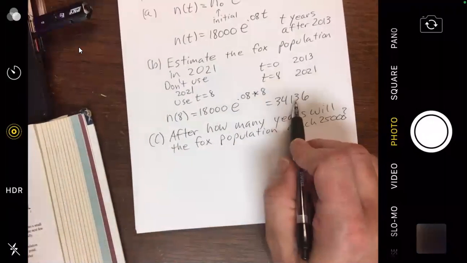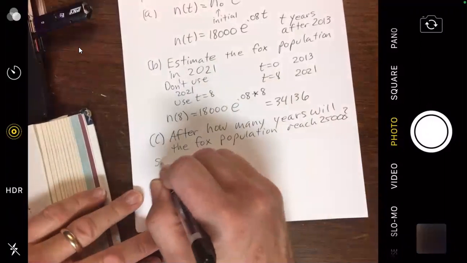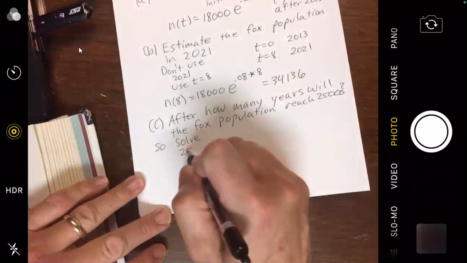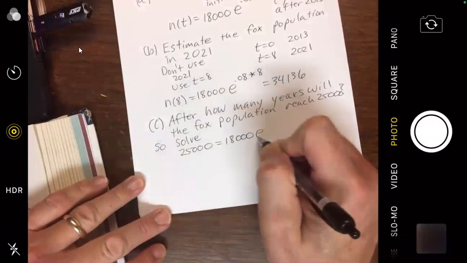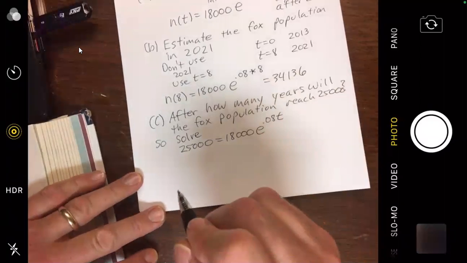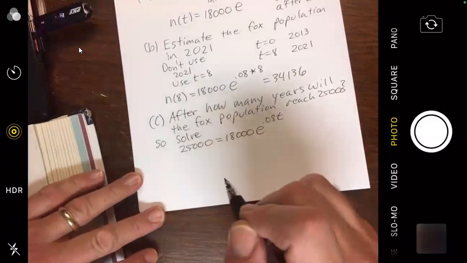So 25,000 is a lot less than 34,000, so it's going to be less than 8 years. So we're going to solve 18,000 e to the 0.08 t equal to 25,000, and we're going to unravel it and solve for t.